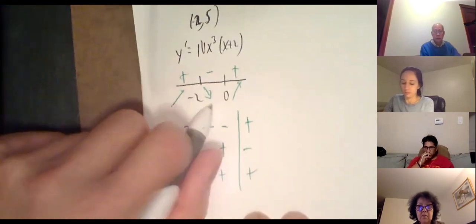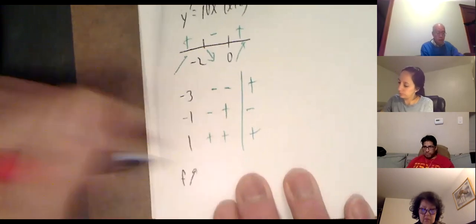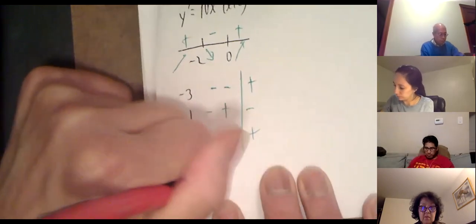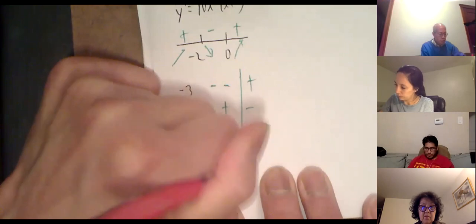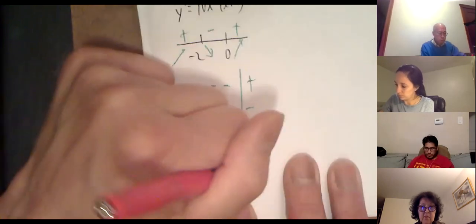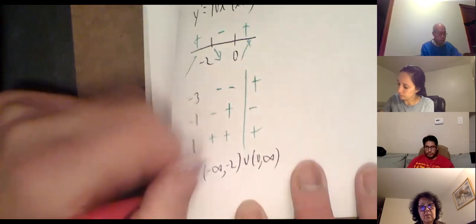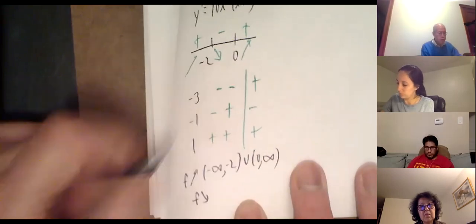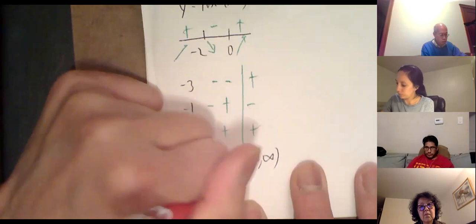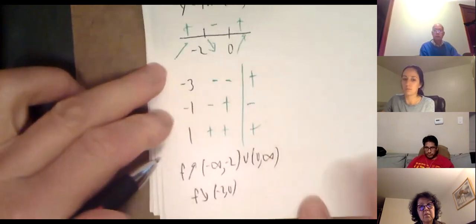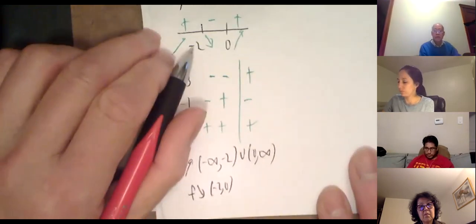So maximum, minimum. So f is increasing from negative infinity to negative 2, union 0 to infinity. The function is decreasing only between negative 2 and 0. And I have a relative max here and a relative min there.